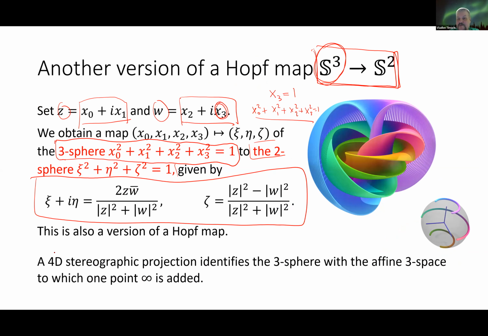Here you also see several pieces of several tori, and how to understand this picture. Here you see the image in the two sphere, and you see several curves of which we take pre-images.